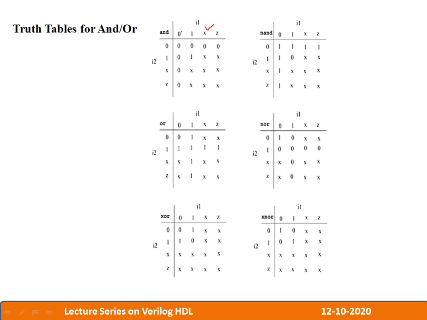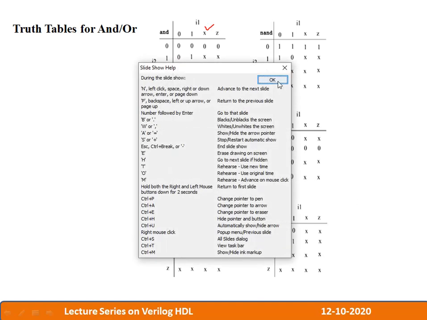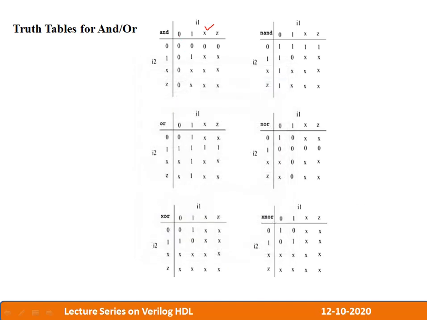So when the inputs are having 0, 1, x, z, that is two inputs, this is a different type of truth table. So when I have all four conditions including 0, 1, x, z, what will be the outputs for input I1 and input I2?